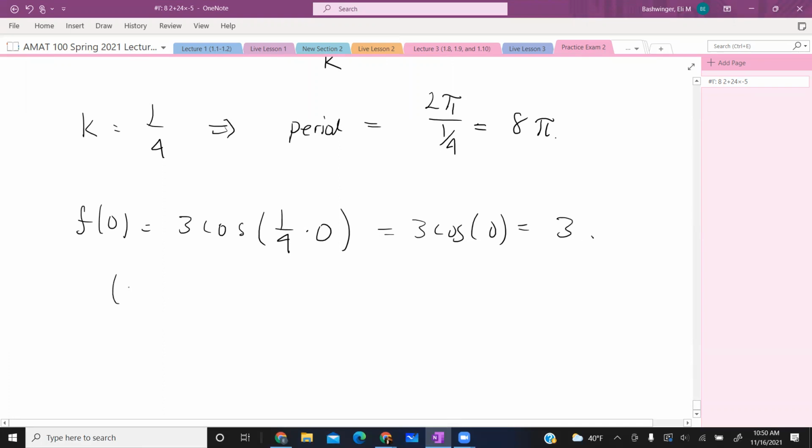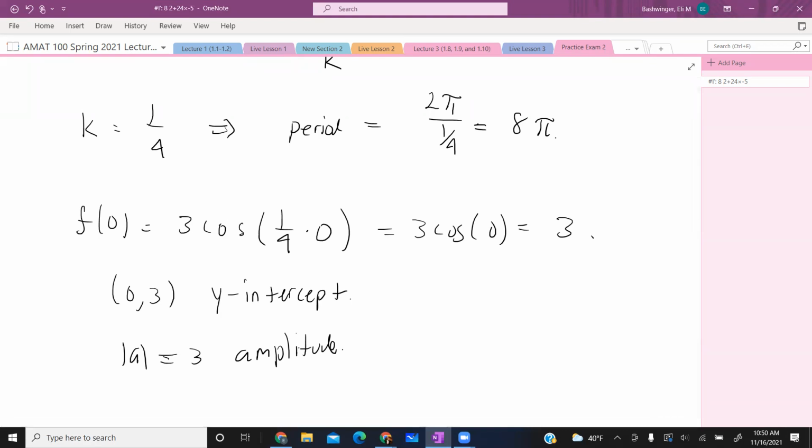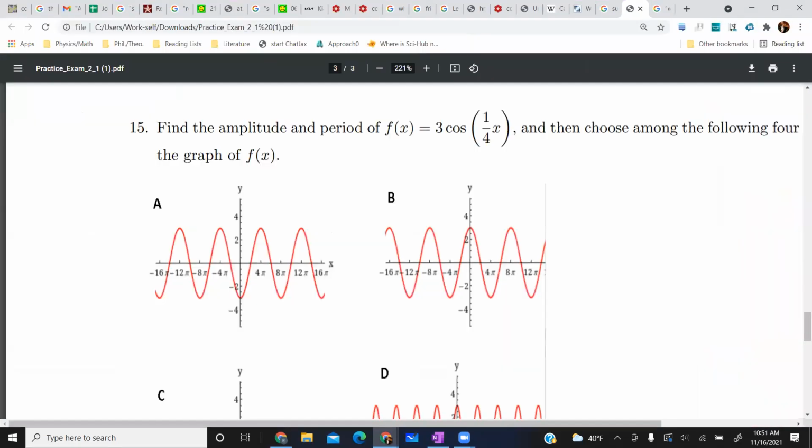So (0, 3) is the y-intercept. And then also the absolute value of a, which is 3, is the amplitude. So the function is bound between the lines -3 and 3. It does not repeat itself on the interval 0 to 8 pi. And (0, 3) should be a y-intercept. So with those 3 pieces of data in mind, we should be able to determine the graph.